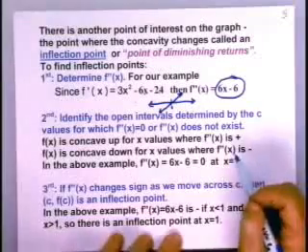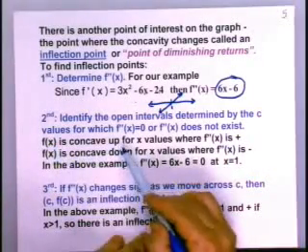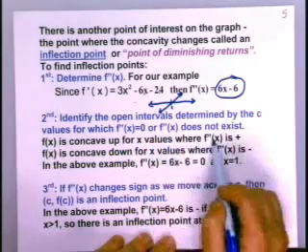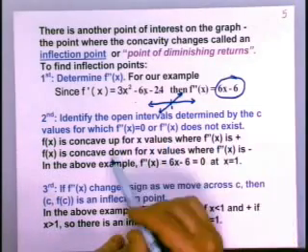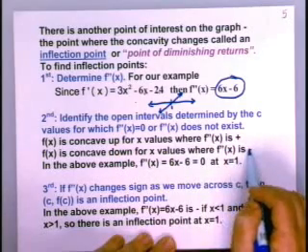So the rule states that the original function will be concave up for values of x where the second derivative is positive, and it will be concave down for values of x where the second derivative is negative.